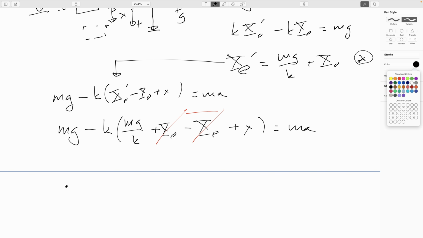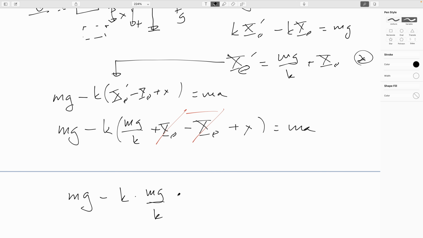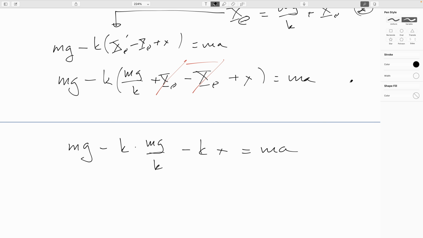I'm going to have mg minus k times mg over k minus kx equals ma. Well, here the k's are going to cancel, leaving me mg minus mg, and so that cancels. And now I can finally start to put this into my usual form.